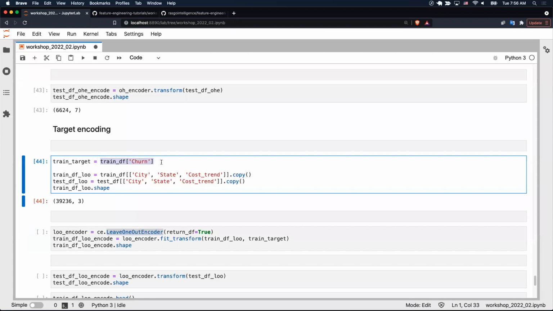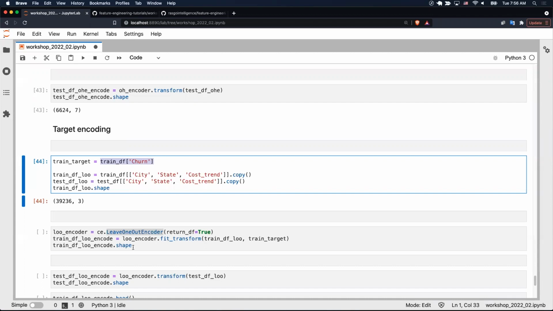So I'm going to replace a given city. I live in San Diego. I would replace San Diego by the probability of churn for all transactions that occurred in San Diego in the training set, except my current transaction. That's what leave one out is doing.